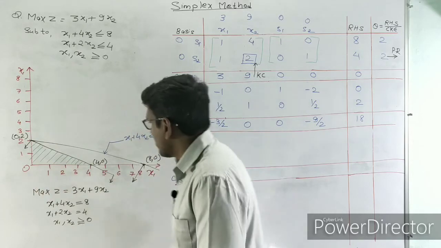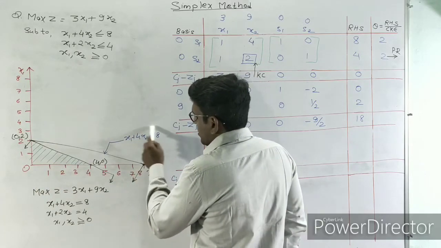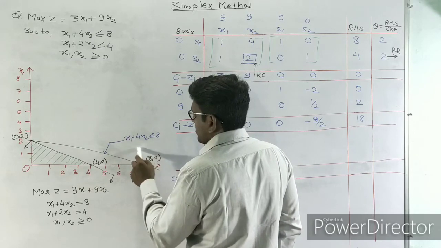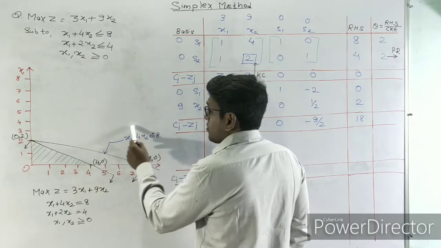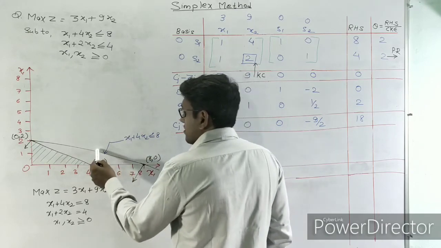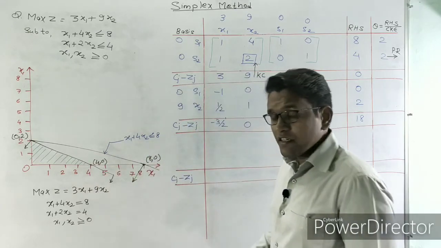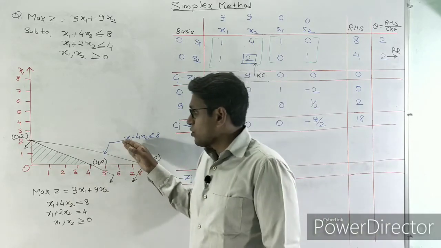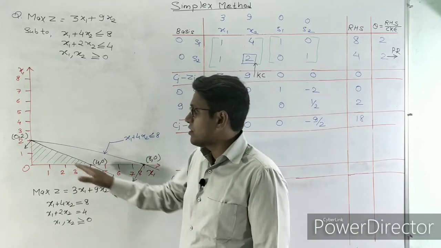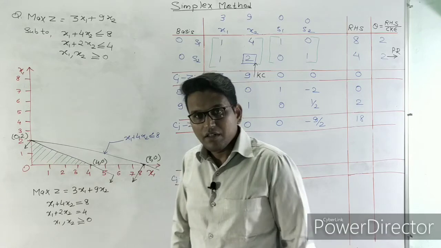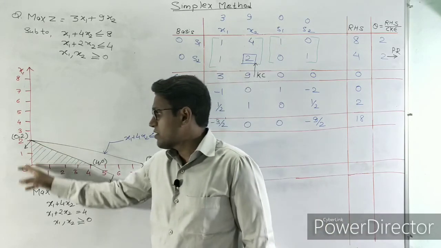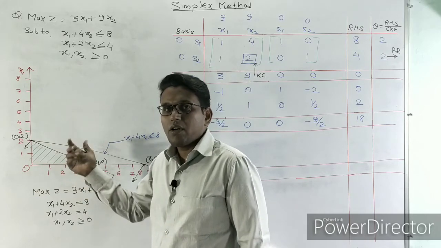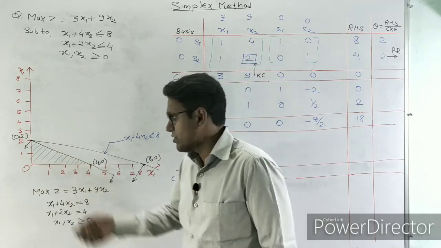So we can say that this constraint is a redundant constraint, as it is not contributing towards the feasible region, and if we remove it, there will not be any effect in the feasible region or on our objective function coefficient.